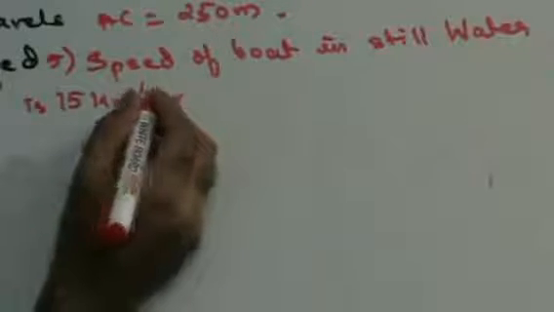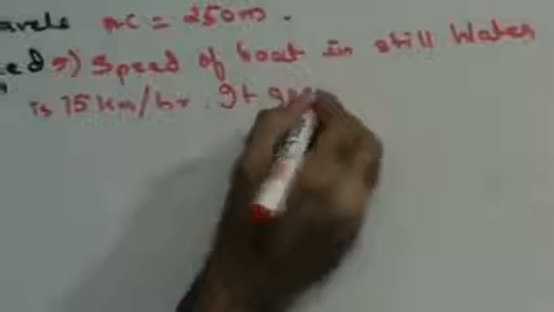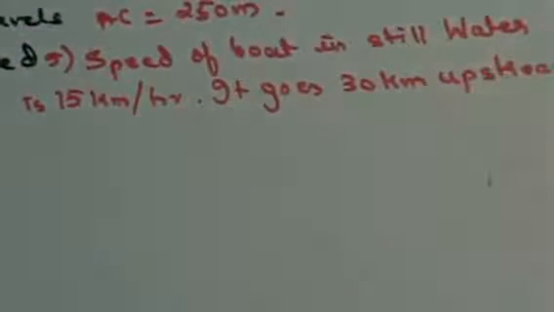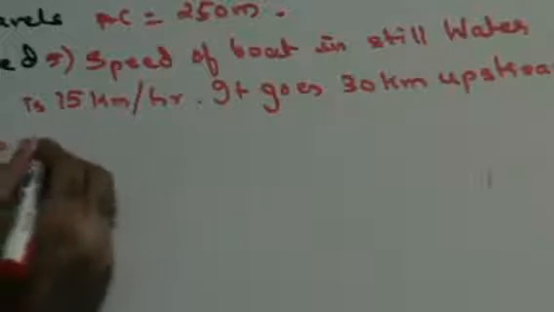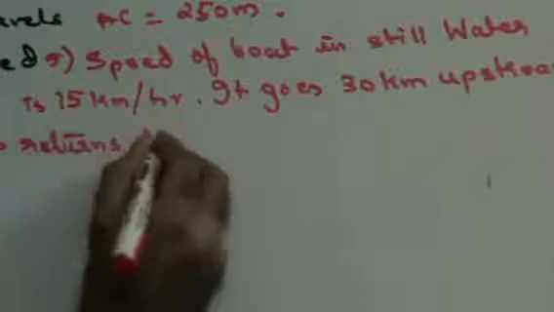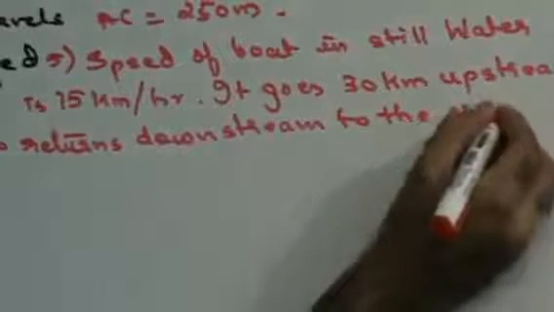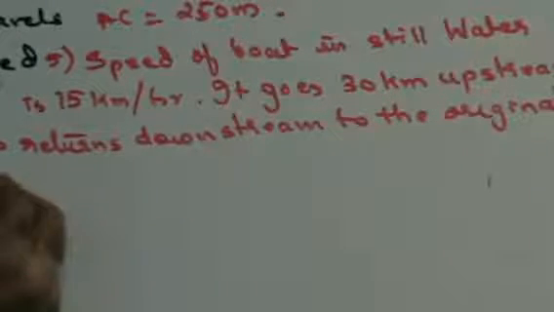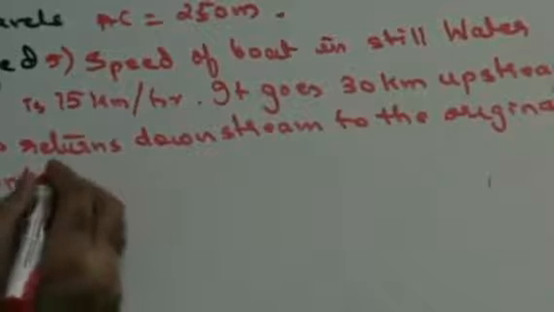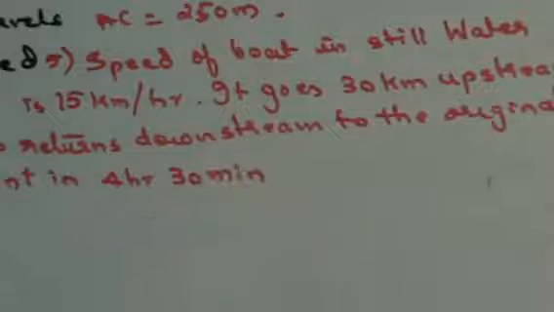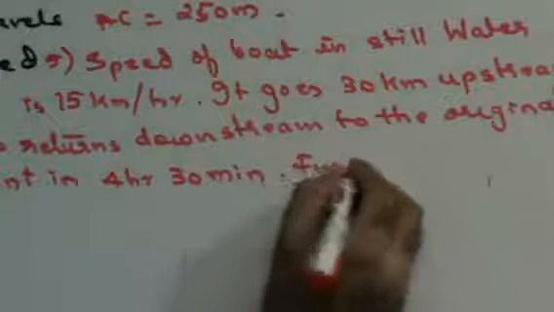It goes 30 kilometers upstream, and returns downstream to the original point in 4 hours 30 minutes. Find the speed of the stream.